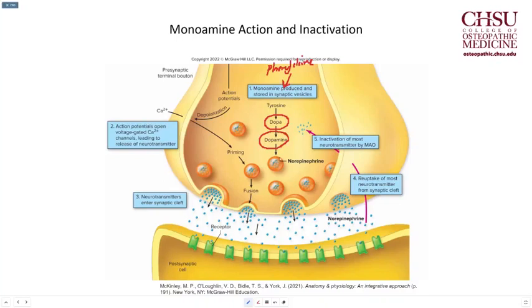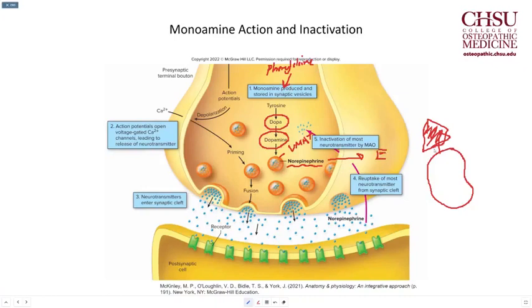Then if you have the VMAT transporter, the dopamine can be taken up into the vesicle and converted into norepinephrine with the help of dopamine hydroxylase. If this were in the adrenal medulla, sitting on top of the kidneys, you could convert this one step further, converting the norepinephrine into epinephrine.